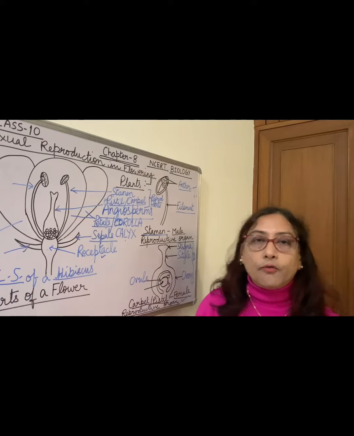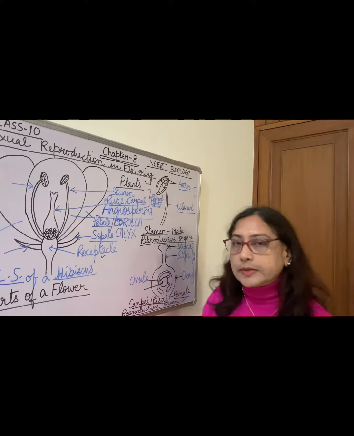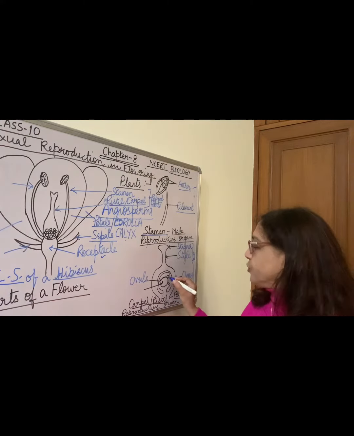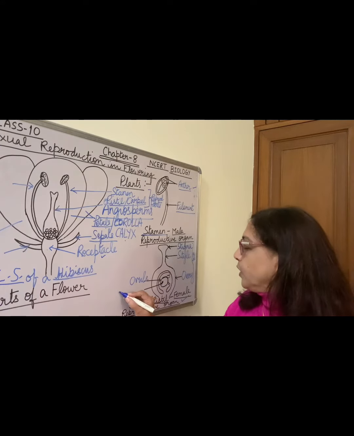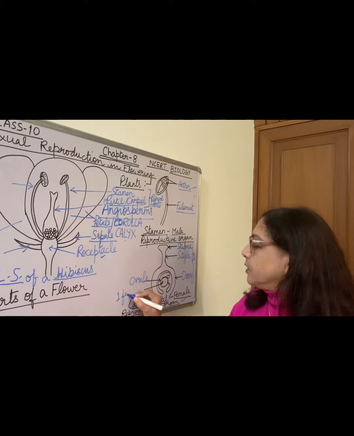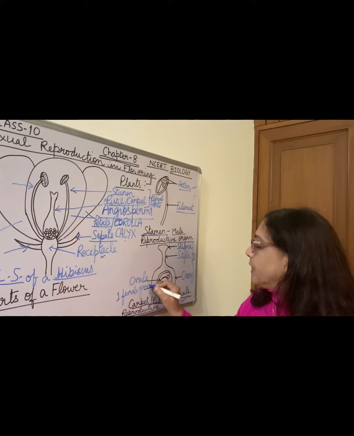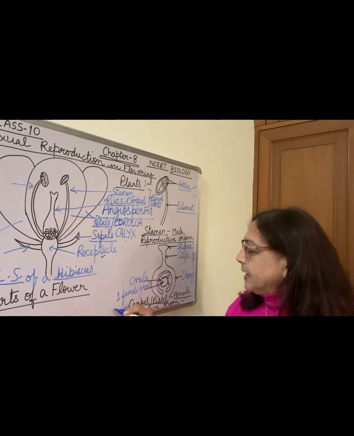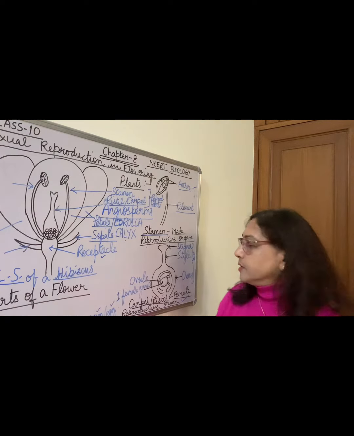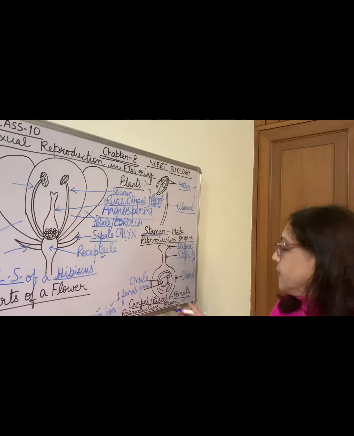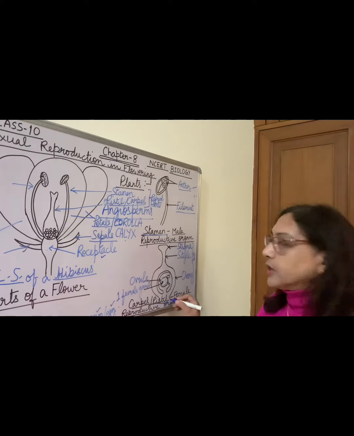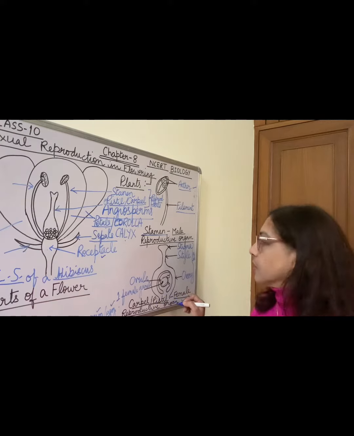In fact, an ovary contains many ovules, but in this diagram I have shown just one ovule with one female gamete, and the female gamete is known as the ovum, or simply the egg. So this is the structure of the pistil or the carpel, which is the female reproductive organ.